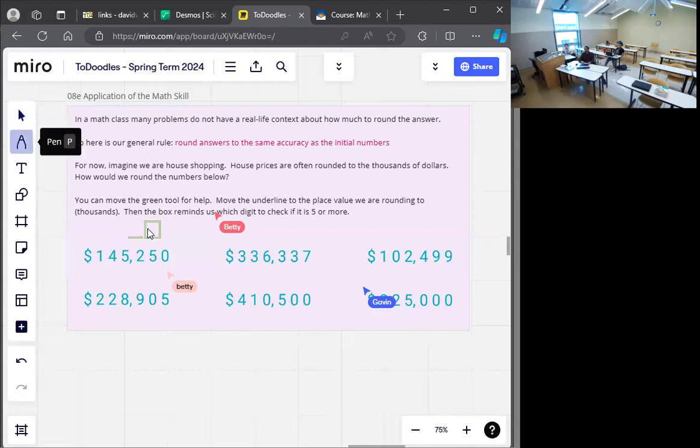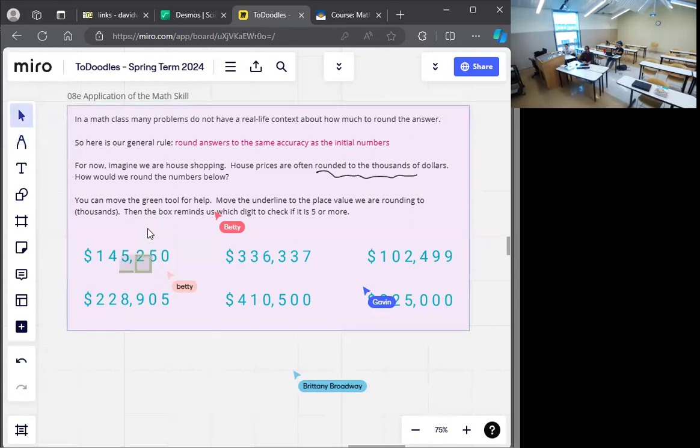Then I look at the next number and I say, where is it on that number line we just saw? Is it closer to 0 or closer to 10? And if it's a 5, we go up also. So in this case, the 2 is small, so we're just going to round this to 145,000.